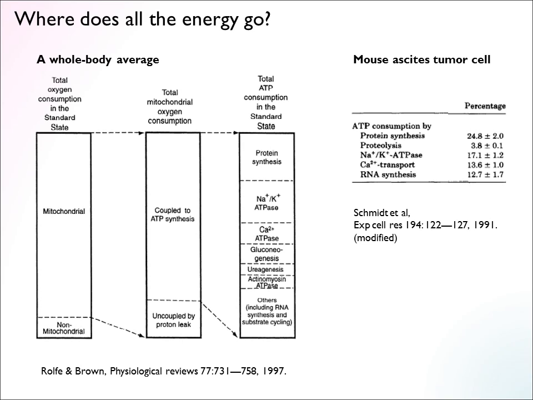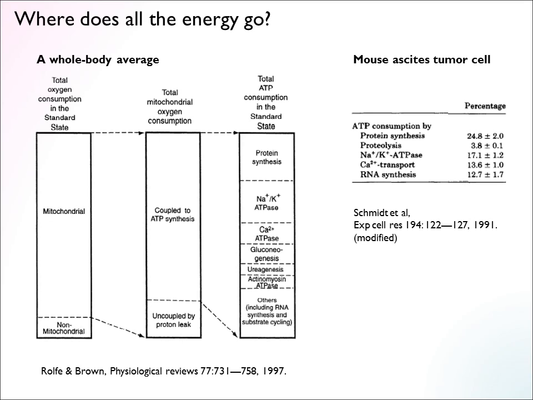If you do something like that, it looks kind of like this. First of all, they base this largely on oxygen consumption, because respiration is the major mode if you think about the body as a whole. And most of the oxygen consumption is mitochondrial. There is some oxygen that goes elsewhere, but we can largely ignore it.